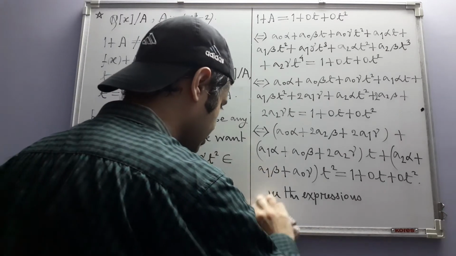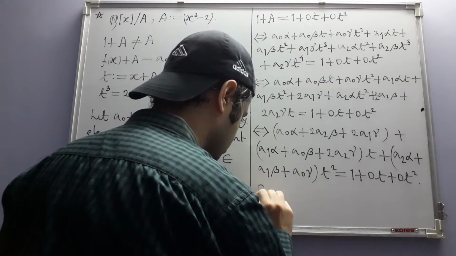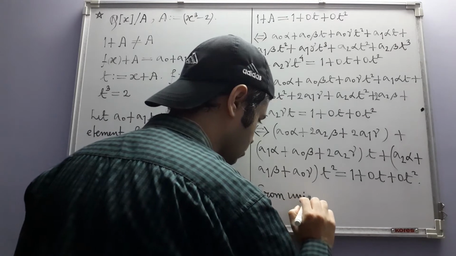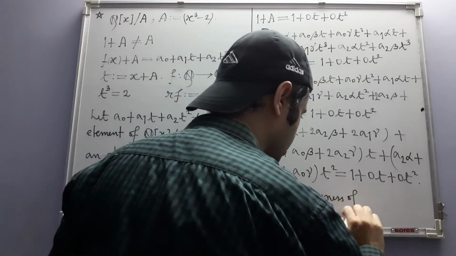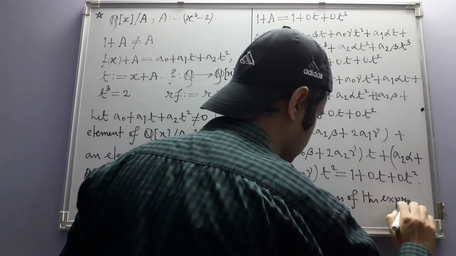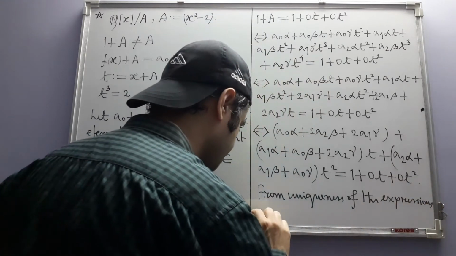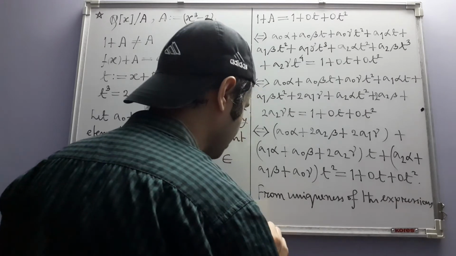So we can write like this: from uniqueness of the expressions, say, alpha, beta, gamma.